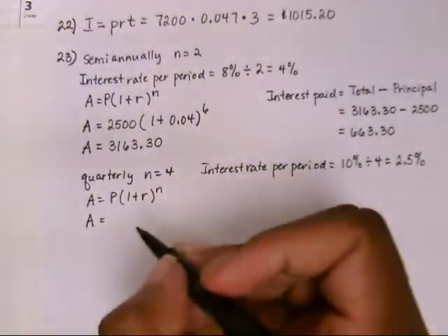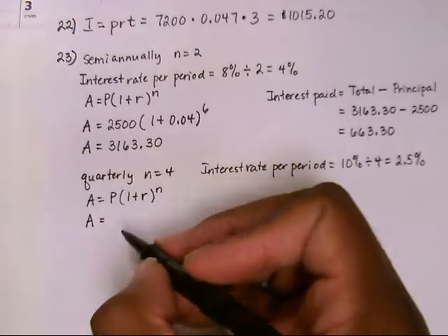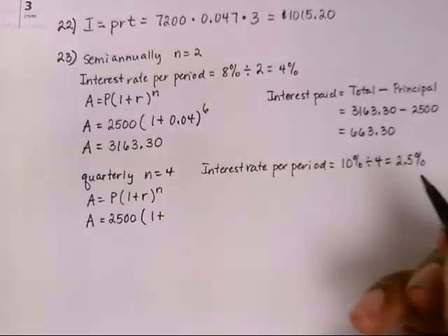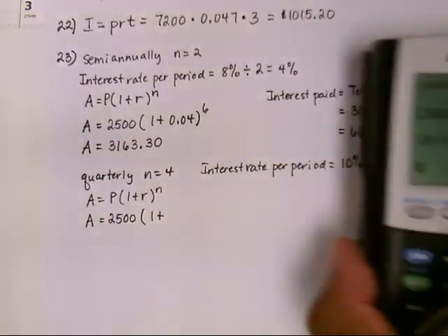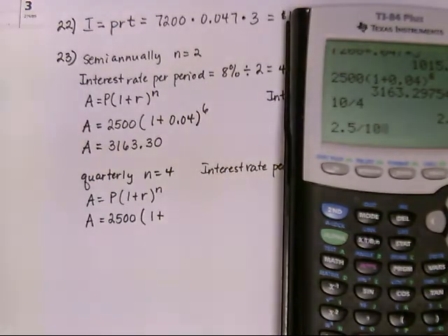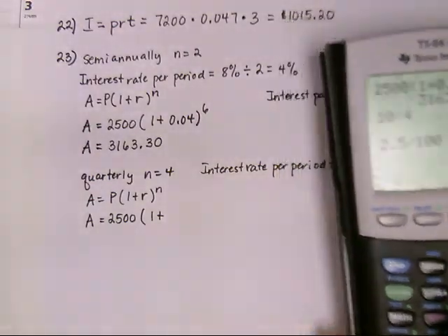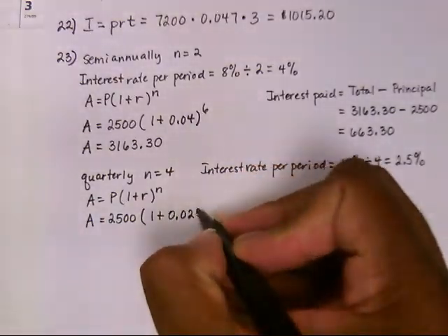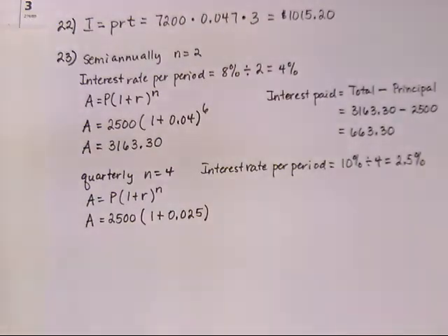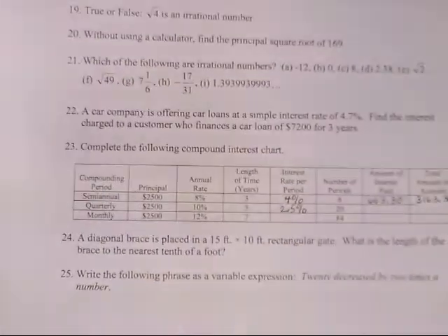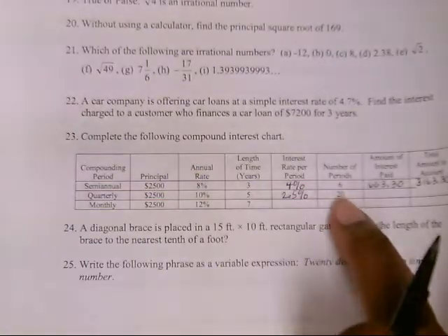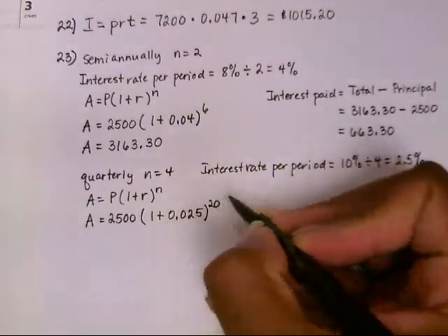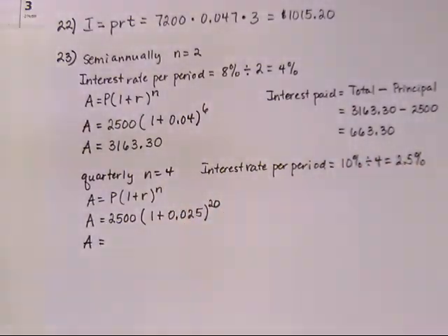So A is equal to P, which is still 2,500, multiplied by 1 plus R. Now 2.5% as a decimal, you can do 2.5 divided by 100, and that will give you the decimal value of the interest rate, 0.025, raised to the n. And in that problem, you're told the number of periods. N is the number of periods, in this case 20. So this will be to the 20th power.